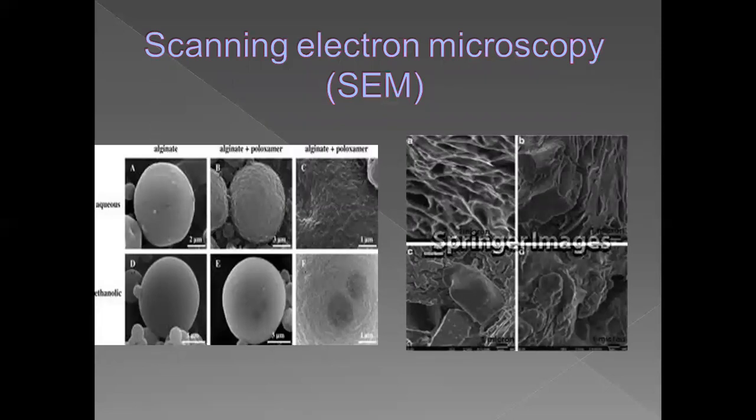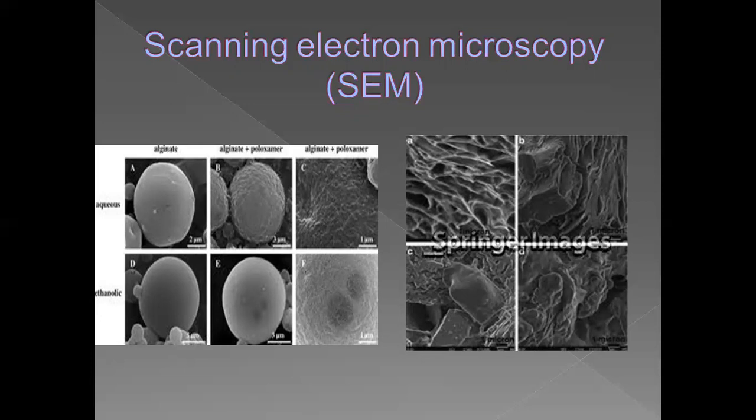The next one is SEM, scanning electron microscopy. Generally, X-ray gives the identification and description of crystalline substances, whereas SEM studies are used to reveal the internal structure.